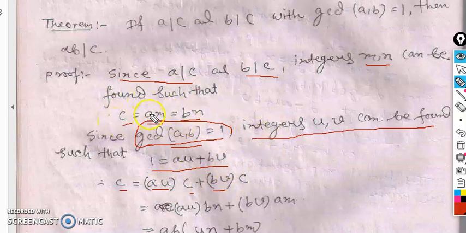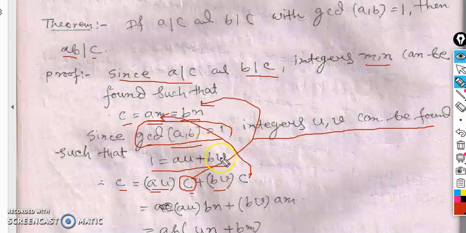Now we put the value of c here, but we should take a trick here. Since a is present in the first term, we put the value of c in terms of b, and since b is present in the second term, we put the value of c in terms of a, because you have to take ab common from both terms.